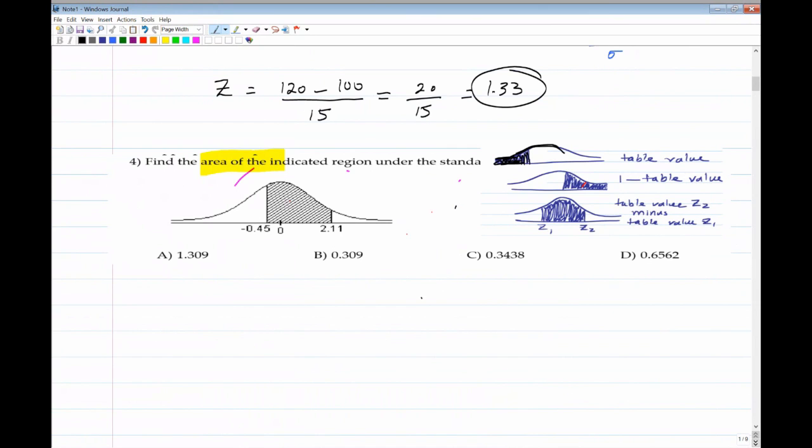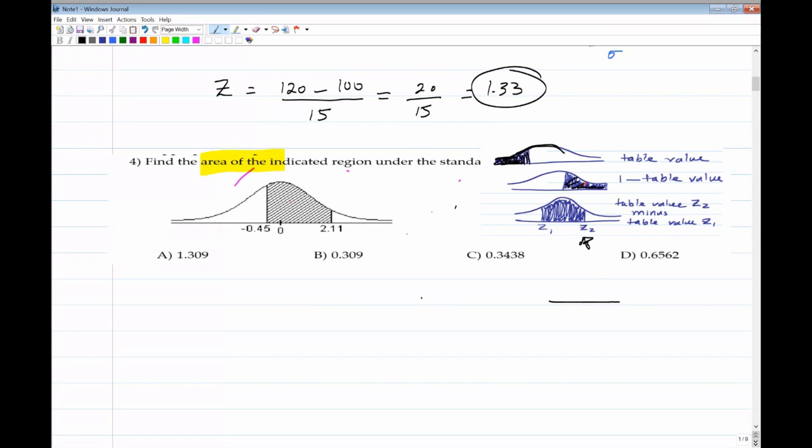If it is colored on the right, after I find the table value, I'll say 1 minus. Whenever it's on the right, it's always 1 minus the table value, because that's what's left out of 1. If we have between 2 values, that would be z1, z2, which is the higher one, minus the first one when you find the table value.